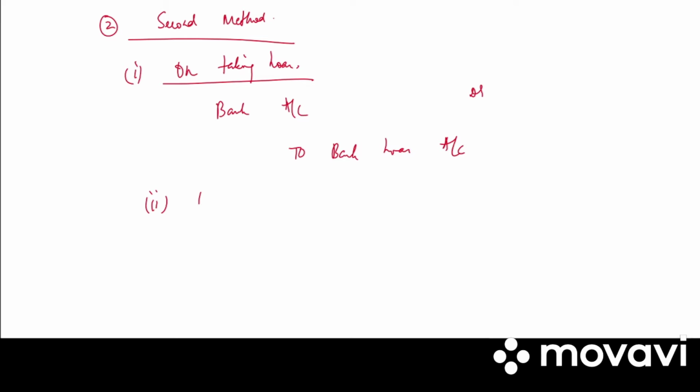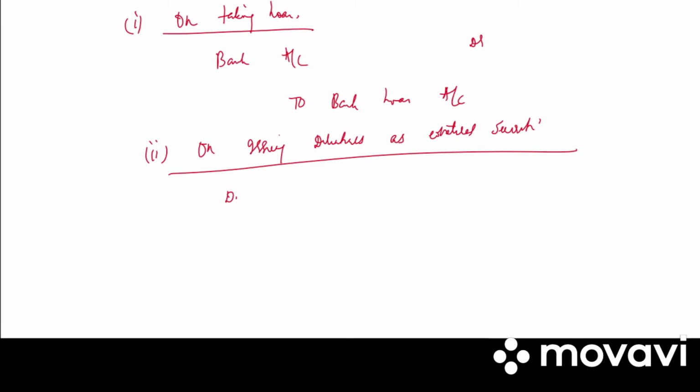Next we have the second one, on issuing debentures as collateral security. Entry for this will be debenture suspense account debited to debenture account.